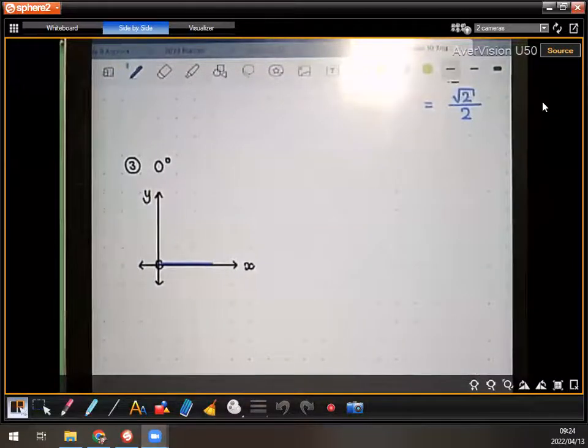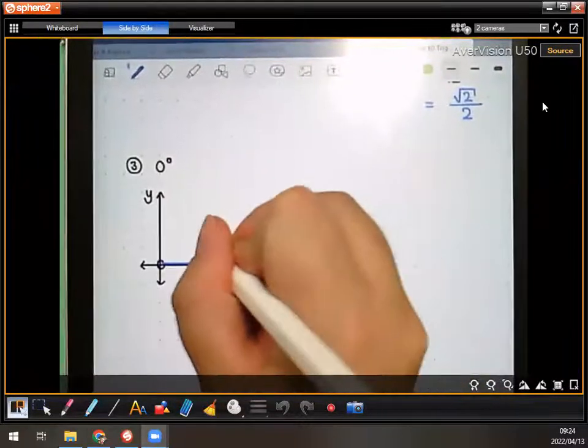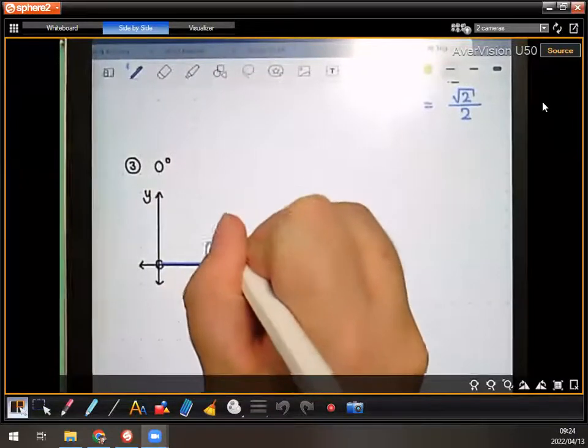So just draw a line on top of the x-axis, and we are going to say that this line ends at the point 1, 0.